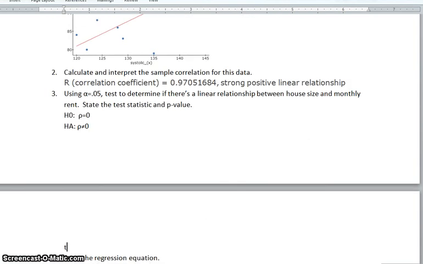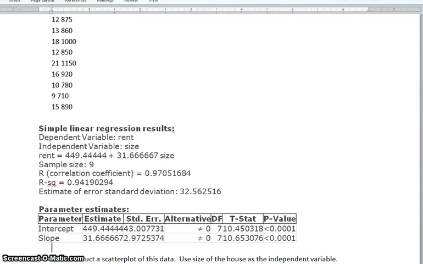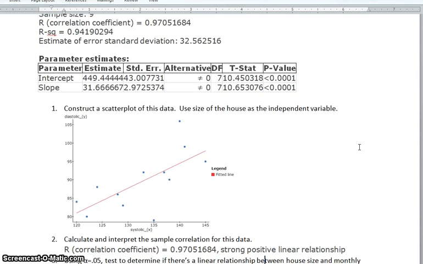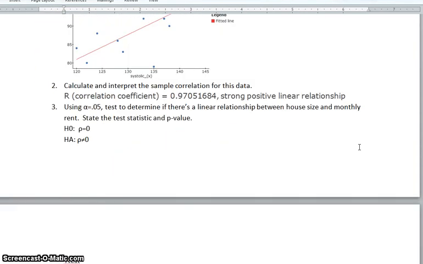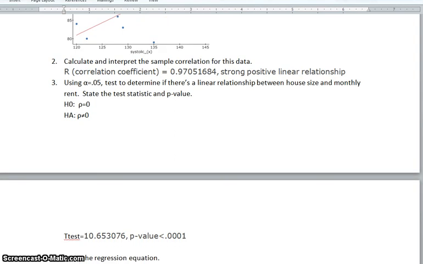Alright, now we need the test statistic. And the test statistic is up here under slope. So the t-stat is under the test statistic. We can just copy that. And then notice the p-value is less than 0.0001. So the t-test statistic is there, and then we said the p-value is less than 0.0001.